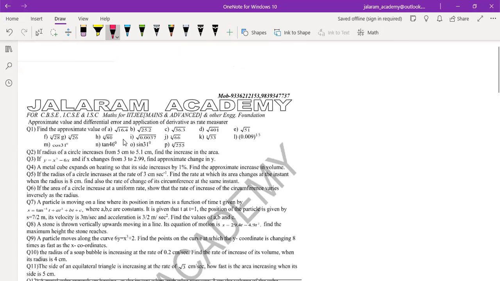So we will use this to find the approximate values of the questions given in our sheet. Like the first question is, we have to find the square root of 16.4. I'm discussing one more question with you. First of all, we will search for the nearest perfect square, 16.